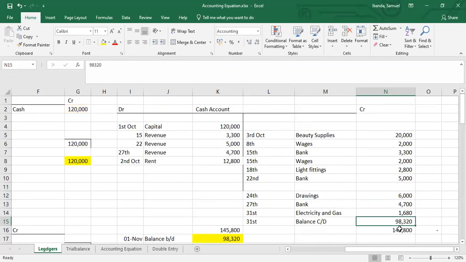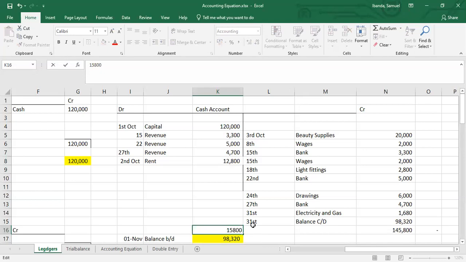But just in case we didn't add up rightly here, and instead of adding up to be 145, maybe you're pressing your calculator and you ended up writing 135. You get it? So it would mean that the figure you're taking to the trial balance will be different.